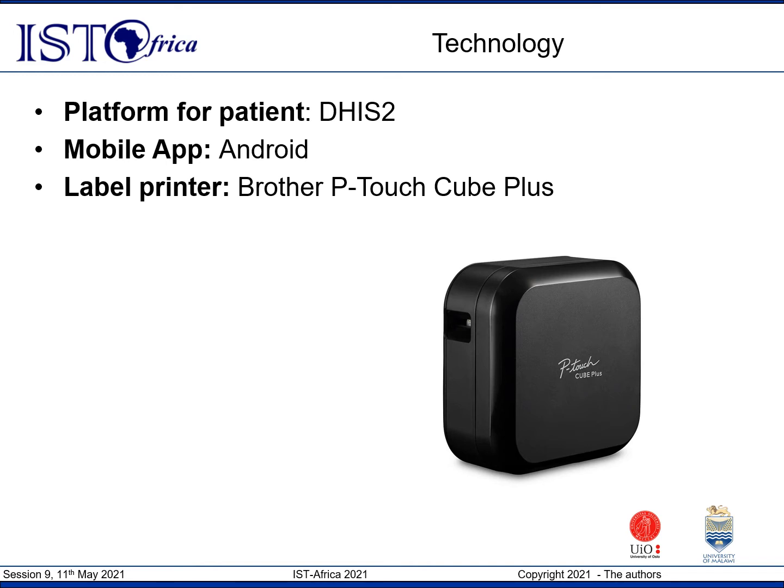For this research, an Android app was developed specifically and linked to DHIS2, so that it couldn't be caught up in the rapid development phases of the main DHIS2 platform. And then we also used a Brother PTouch Q Plus for the QR code.